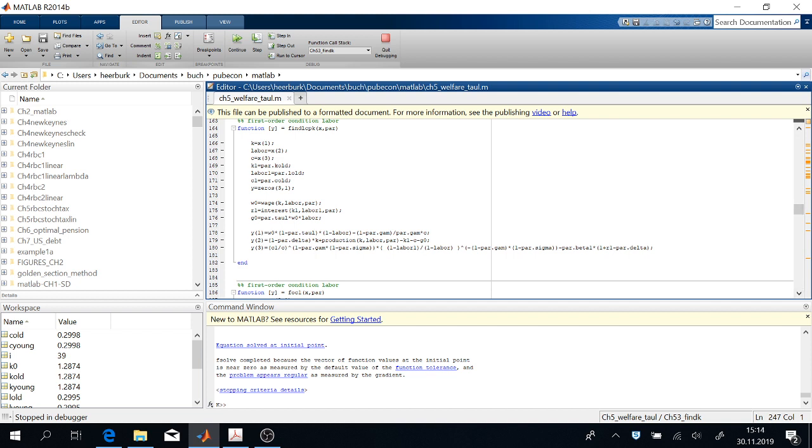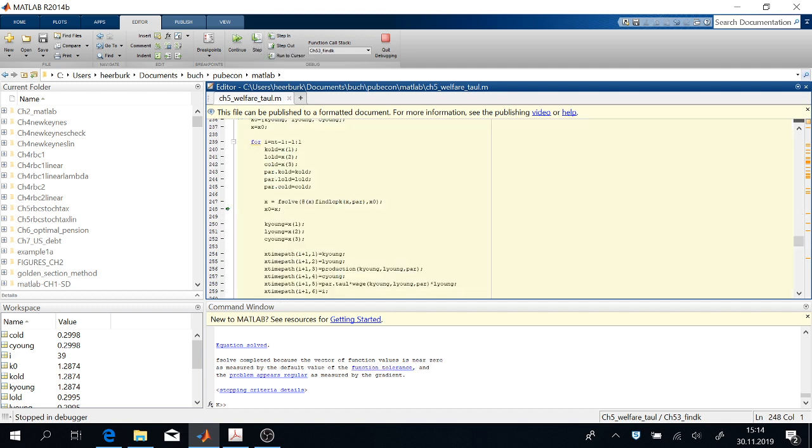And our three dynamic equations in KT, LT, and CT are specified as y of 1, y of 2, and y of 3. So y of 1 is our first order condition with respect to labor, the static equation. Y of 2 is our budget constraint or our resource constraint, and equation y3 is our Euler equation, and this is solved with the help of a nonlinear equation solver.